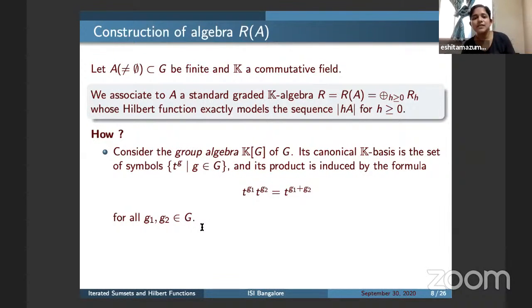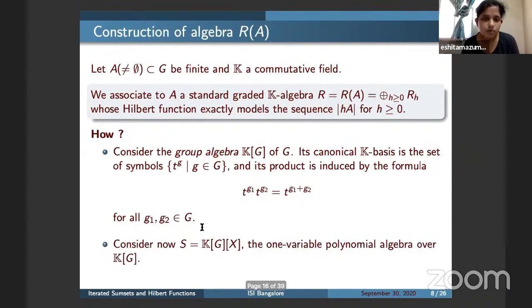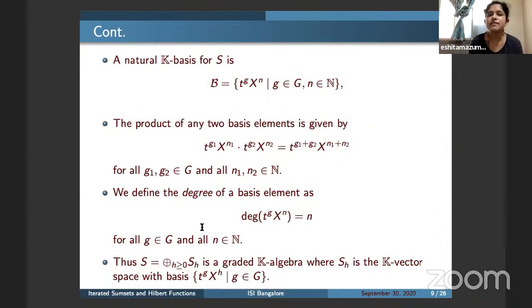Once I consider this group algebra, in the next step I consider the one variable polynomial algebra over this group algebra, and I'm calling it S. Now this S has a natural K basis, which is the collection T power g, X power n, where g belongs to G and n belongs to the set of natural numbers.